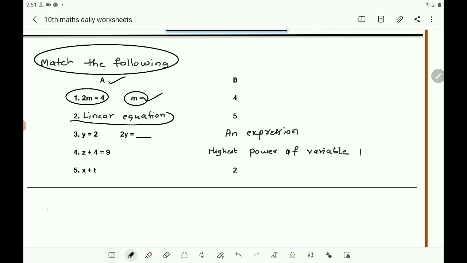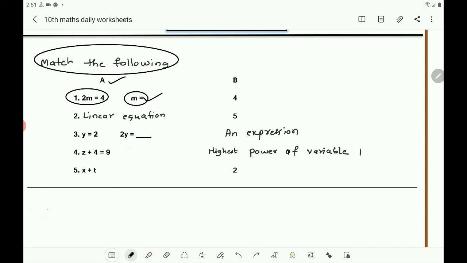Next, linear equation. Match that statement with any one of these two. Next one, y equals 2, 2y equals. Find the answer and match. Next, x plus 4 equals 9, z plus 4 equals 9.